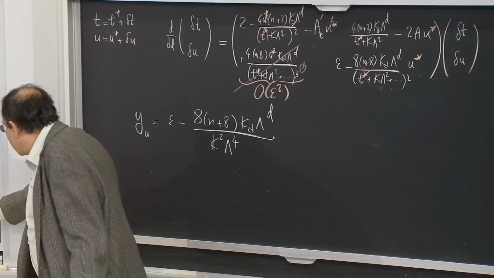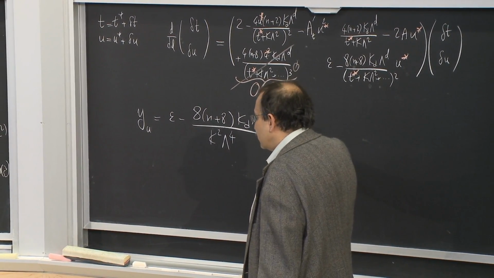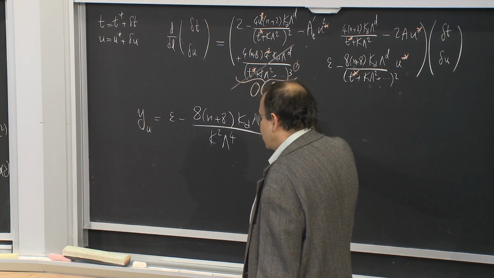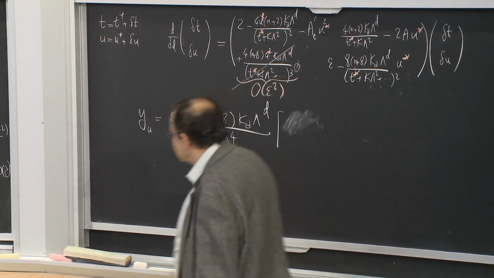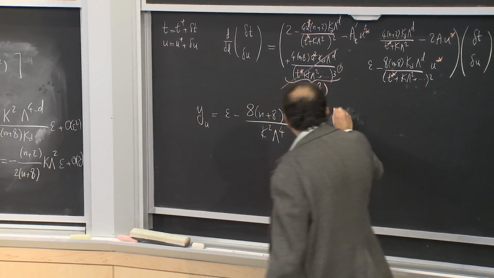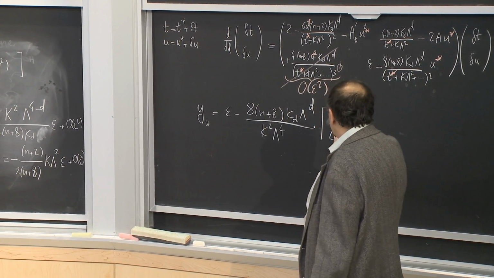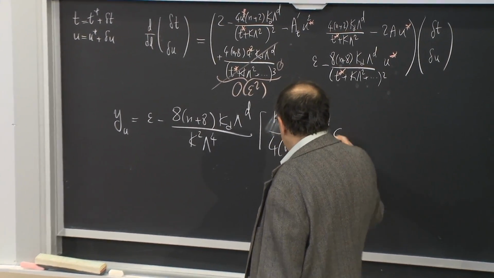Where is my u star? Sorry, my u star is up here. K squared lambda^(4 minus d), (4n plus 8) kd epsilon.